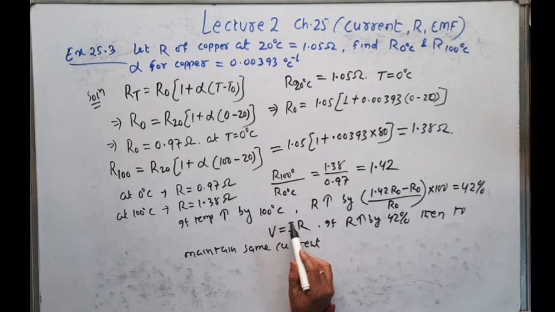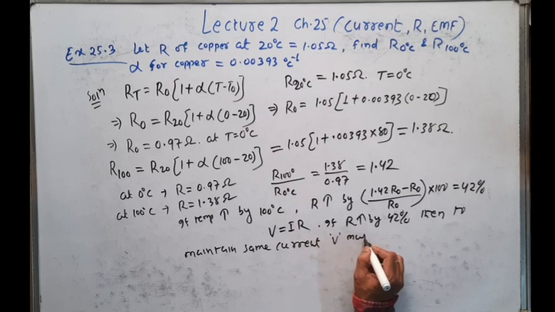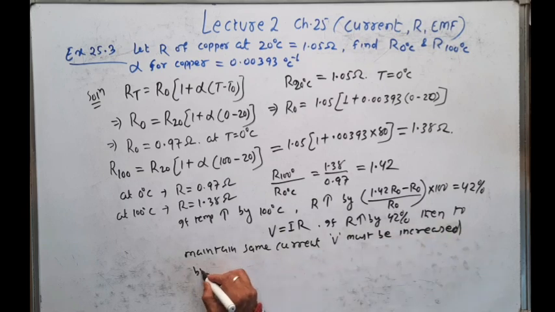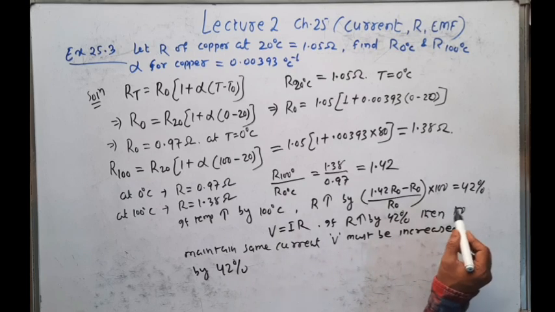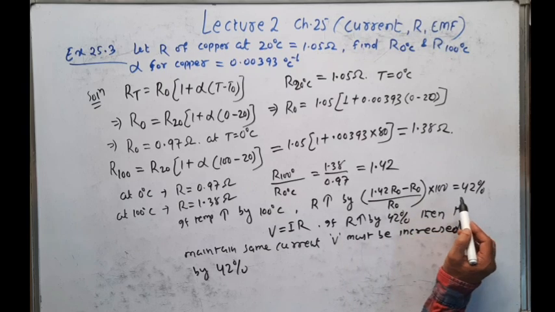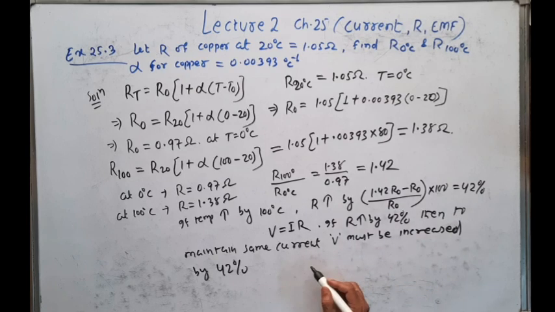So to maintain the same current, I have to increase the voltage by 42%. But increase of voltage is not in our hand. But we can design the resistance in such a manner that with increase in temperature, resistance should not increase by a great amount. Accordingly, we have to design the proper conducting material. So that is the part of a design engineer.